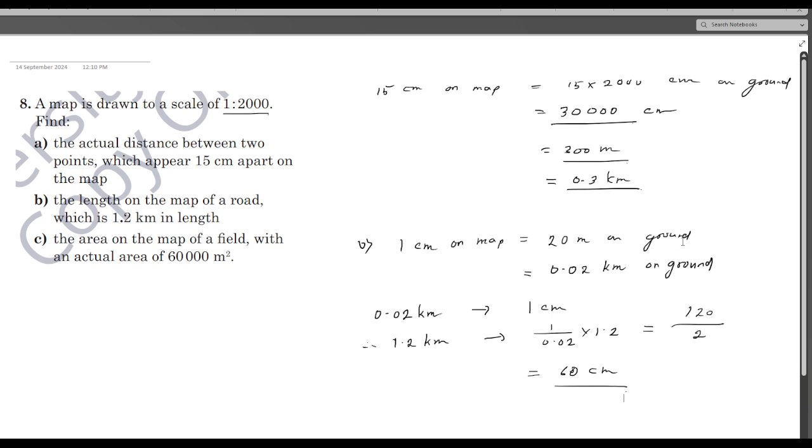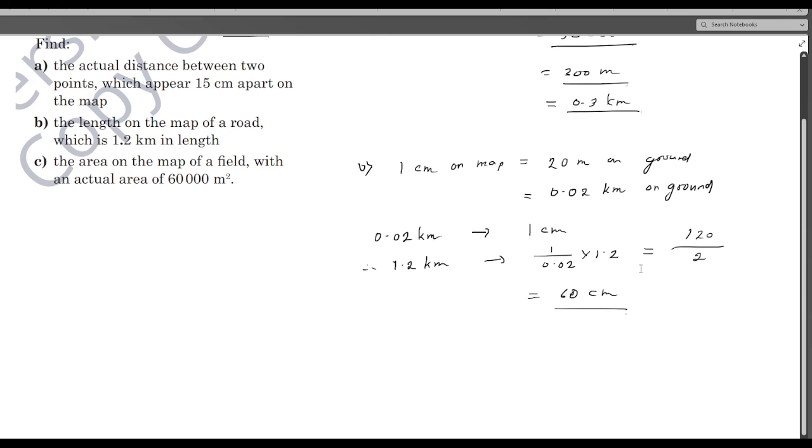Okay, you can compare from here. 0.3 kilometer represents 15 centimeter. So 4 times of 0.3 is 1.2, and 4 times of 15 is 60. So your 1.2 kilometer will correspond to 60 centimeter on the map.